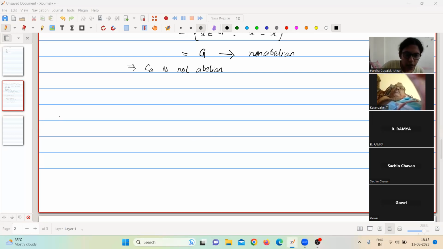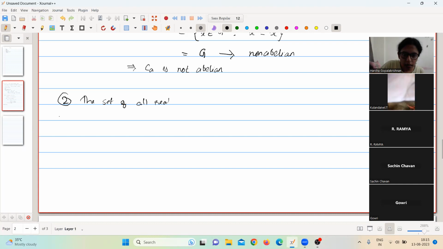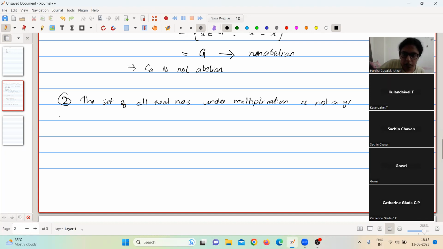The second question is a simple question. The set of all real numbers under multiplication is not a group since, and we have four options.